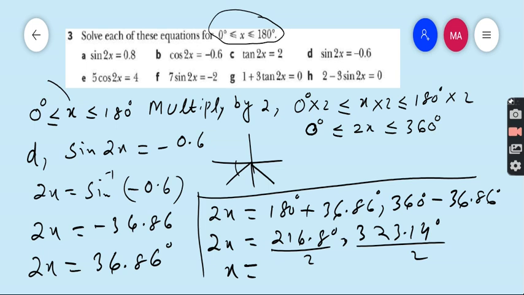I am doing this work with my scientific calculator, and 323.14 divided by 2 is 161.6 after rounding off. This is our final answer of part D, and you can check both the answers lie in our given domain.